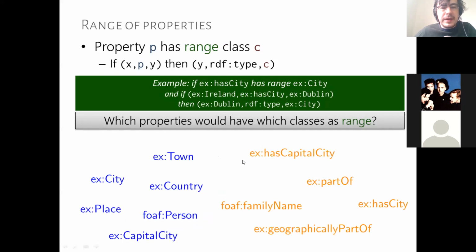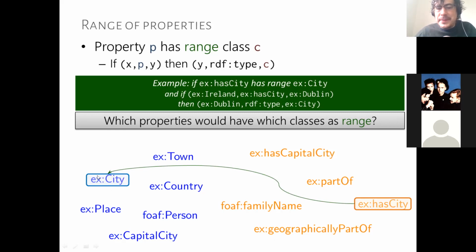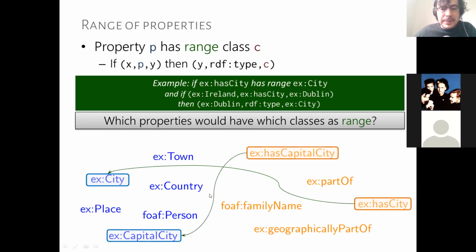So which properties would have which classes as range here? In this case, it becomes a little bit clearer. We have has city, any value or object for has city is going to be a city, right? There's other examples, has capital city has capital city as a range.